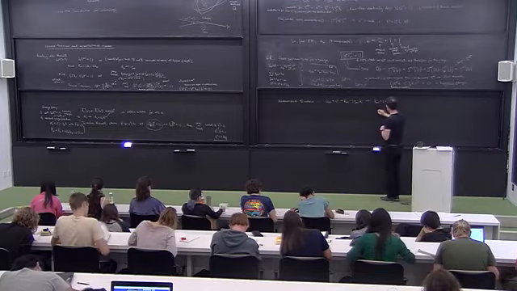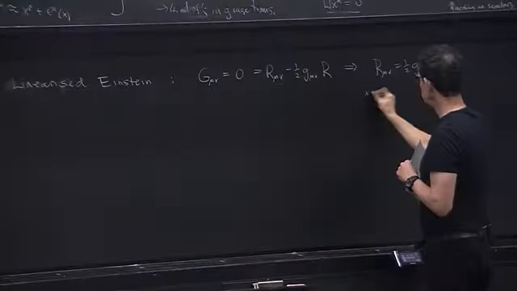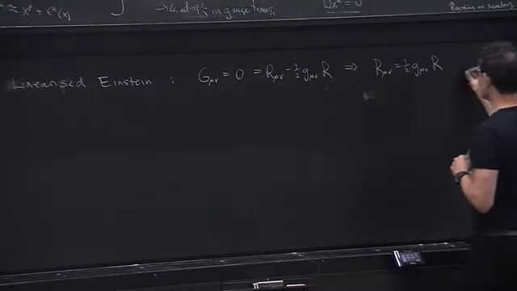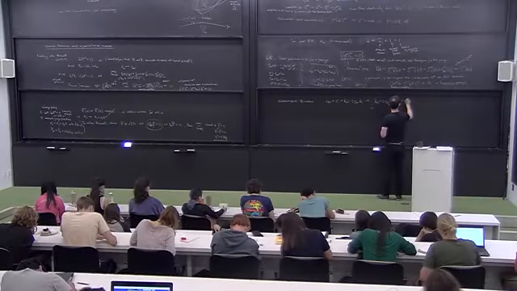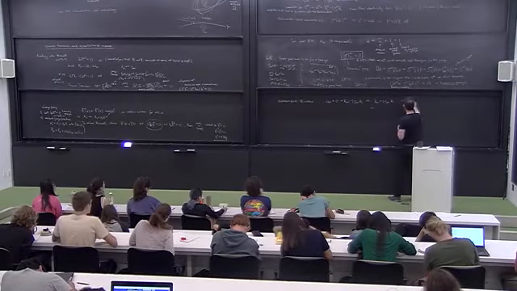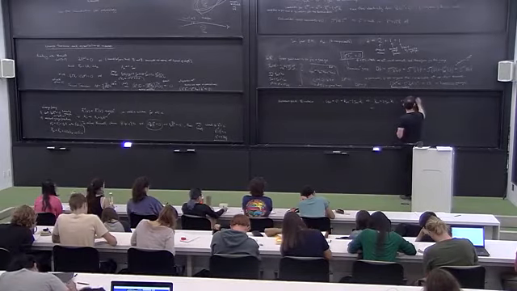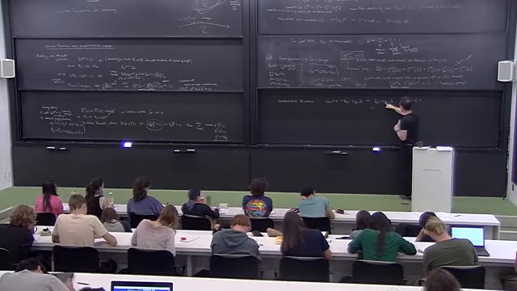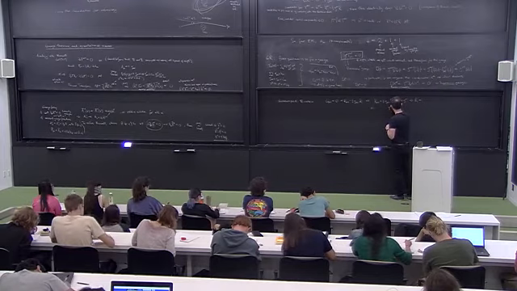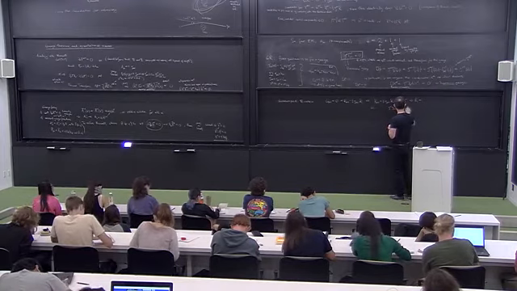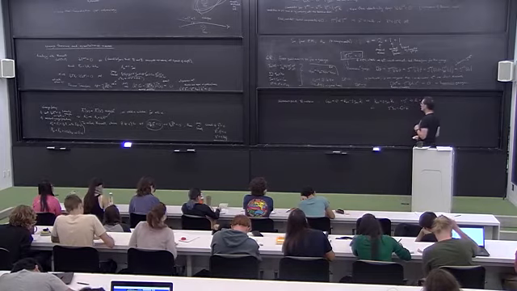And now I can multiply this with g mu nu with upstairs indices, and we see that R is equal to, so g mu nu g mu nu is delta mu mu, which is 4, the number 4.